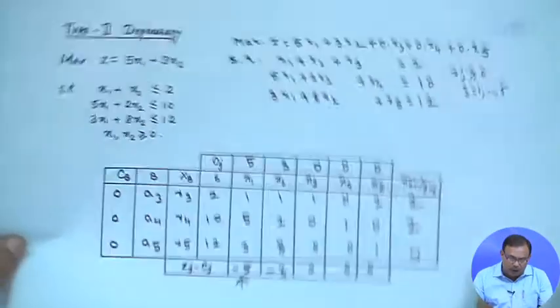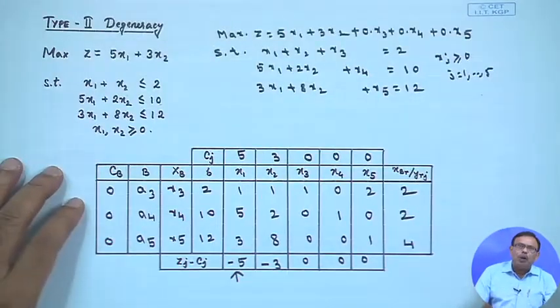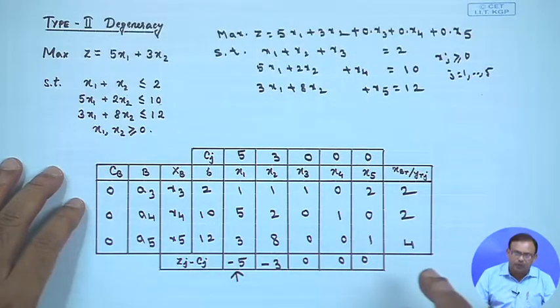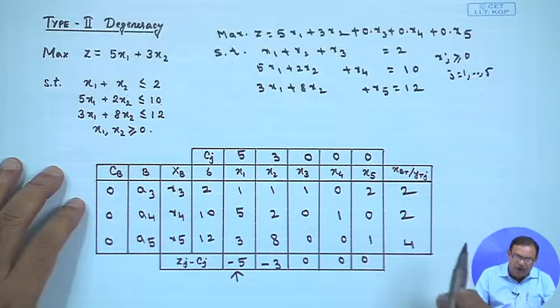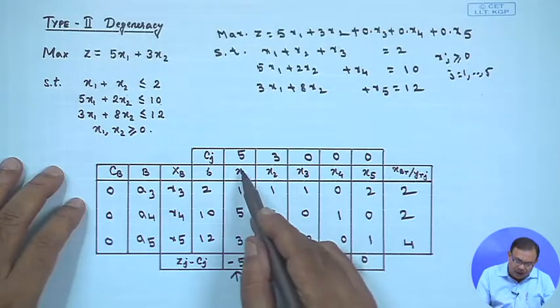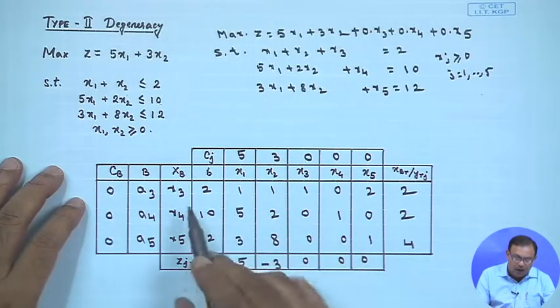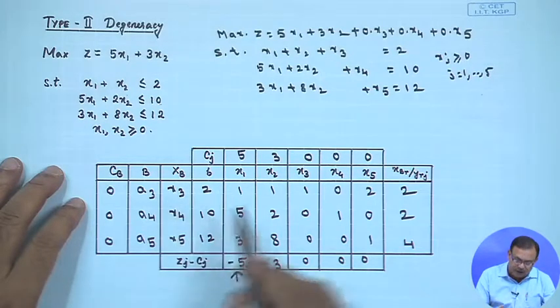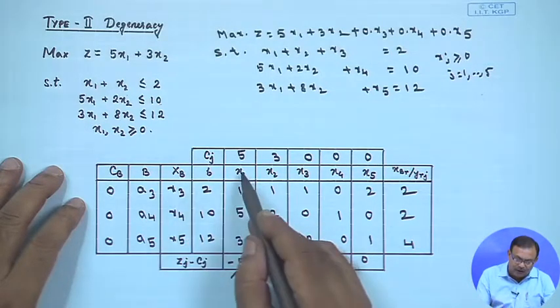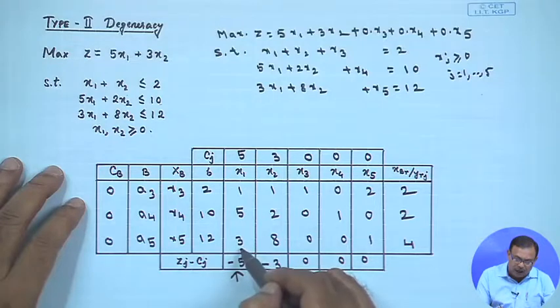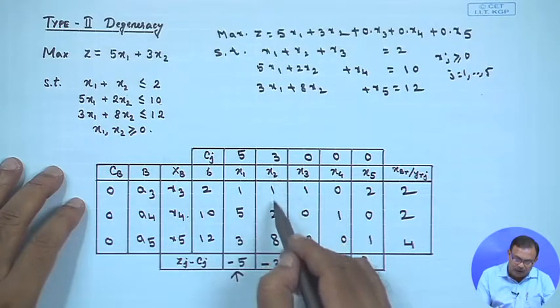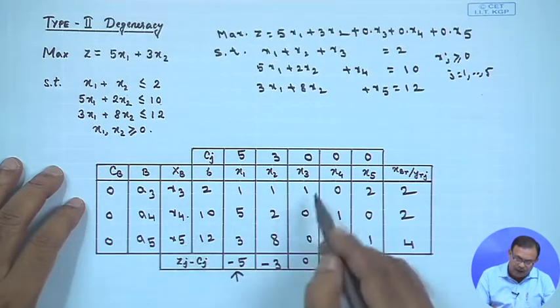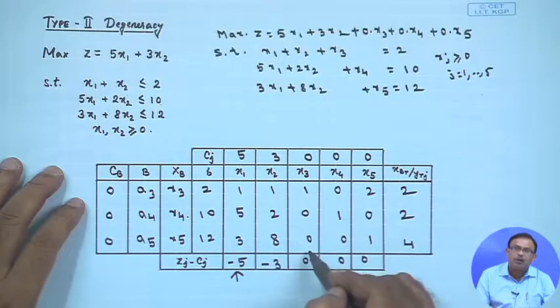Means, as we have told, what do I have to do? I have to recompute the ratios again, but before that I have to consider the first column as the first variable in the basis. That is, now for x3 I will consider this column, for x4 I will consider this column, and for x5 I will consider this column.